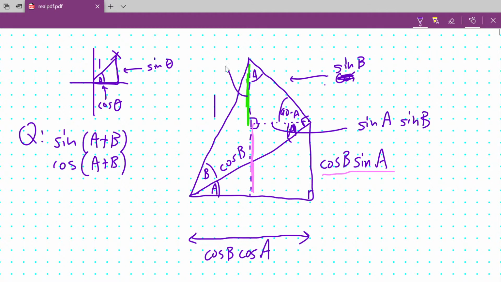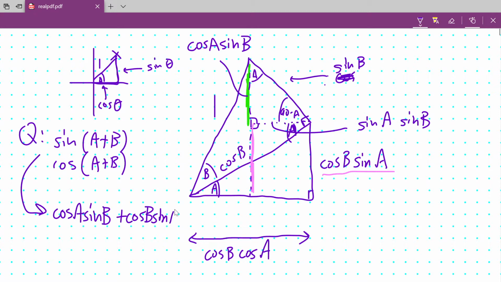And this green portion must be cosine A sine B. And of course, sine A plus B is going to be the sum of the green and pink lengths. Or, in fact, it will be equal to cosine A sine B plus cosine B sine A, which is what we got at the beginning.